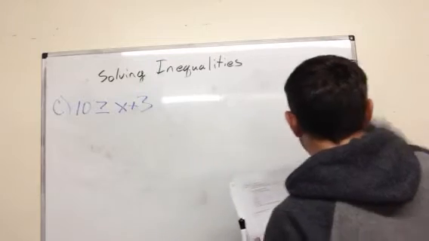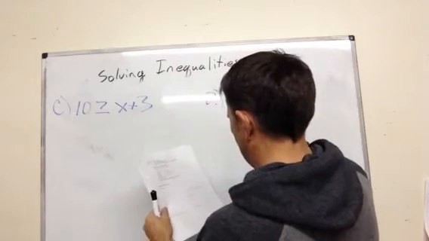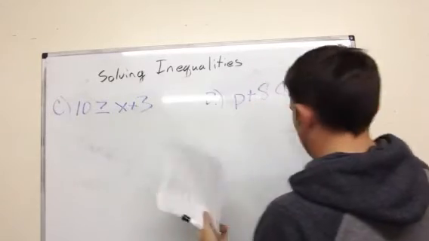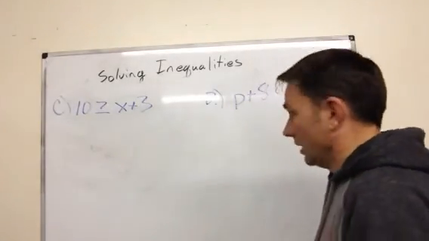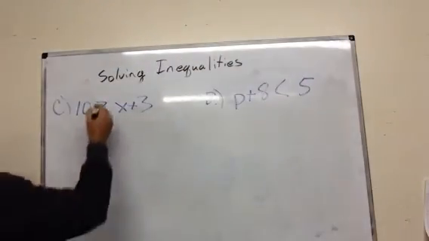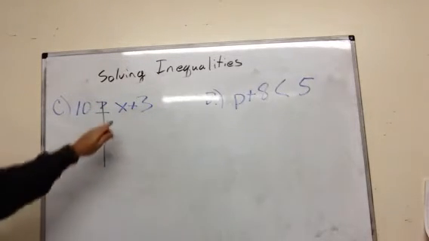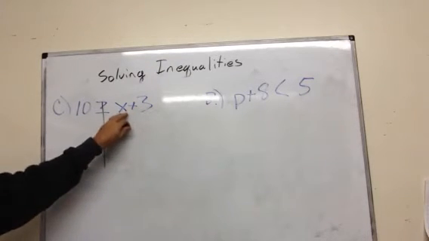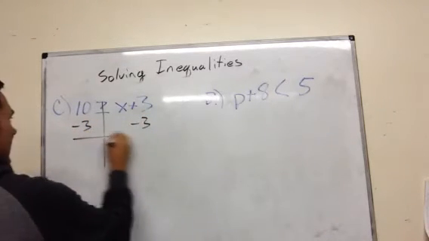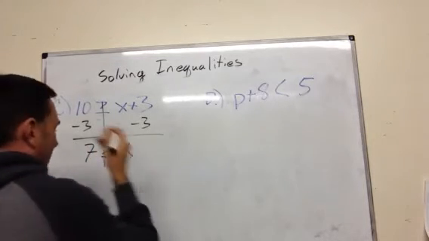How are we going to get x by itself? Now, as you can see, this time, the x is on the right-hand side. Keep that in mind when we go to graph. But we see that we're adding 3 to x. So what's the opposite of a 3? A negative 3. So we're going to add negative 3 to both sides. And now we're going to get 7 greater than or equal to x.